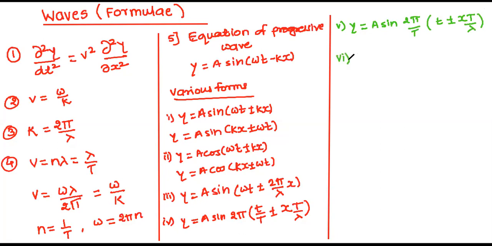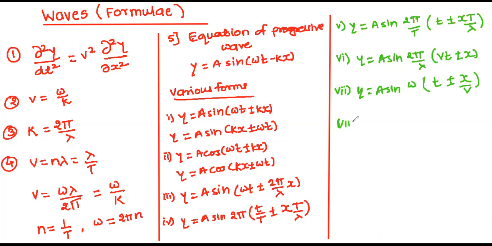Next formula, y is equal to a sine 2 pi by lambda into vt plus or minus x. Next one, y is equal to a sine omega into bracket t plus or minus x by v.